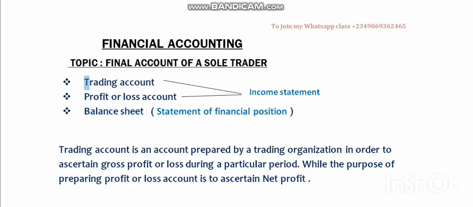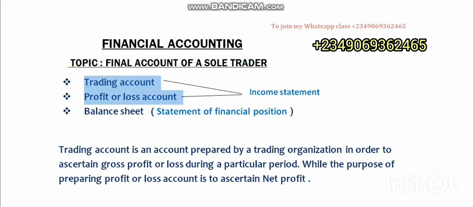Now, this trading account is normally an account prepared by a business organization in order to ascertain gross profit or gross loss. The trading account and the profit or loss account are professionally termed the income statement.